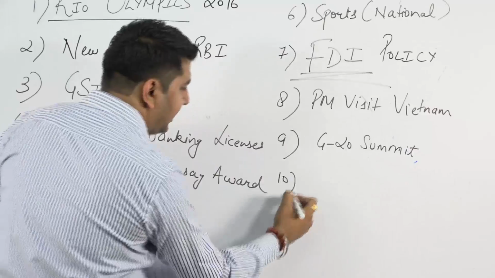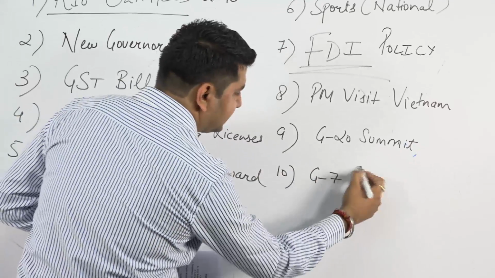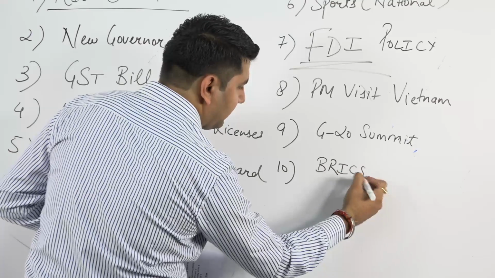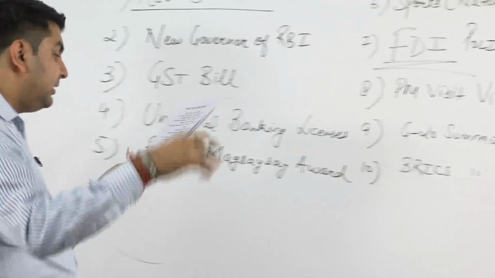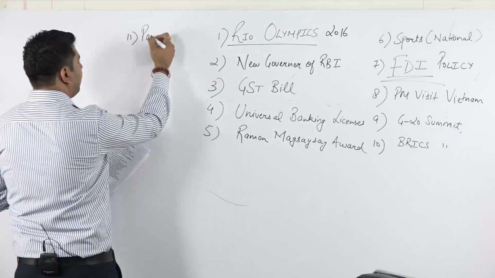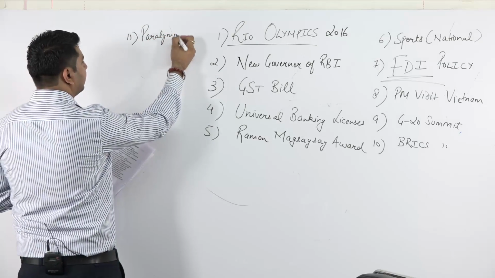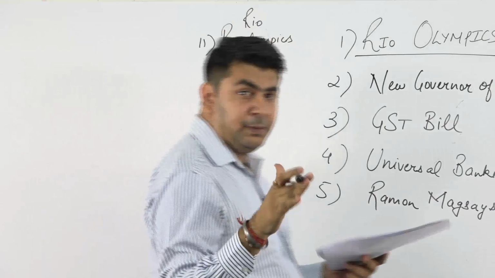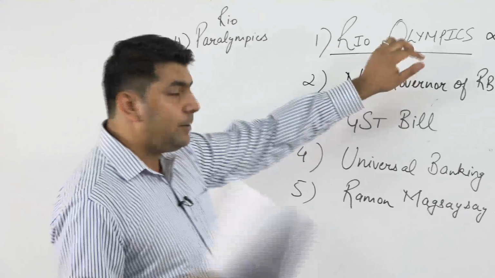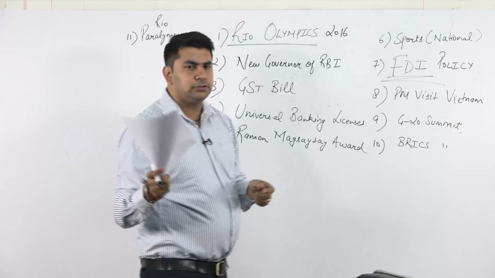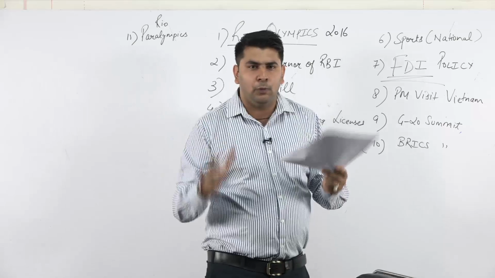Then the next topic, G7 BRICS summit. Then the next topic, Paralympics. Rio Paralympics. Students, we have both cases. We have Rio Olympics and we have Rio Paralympics also. You have to learn both the events.